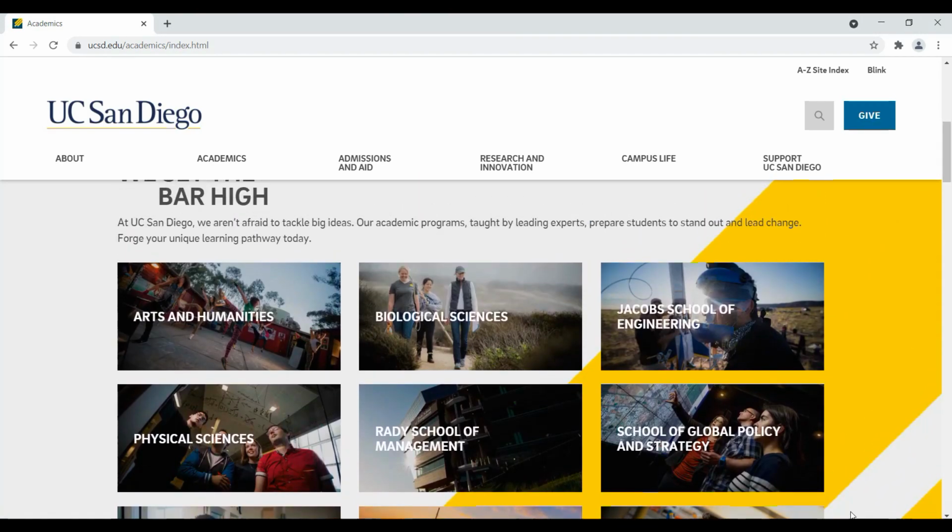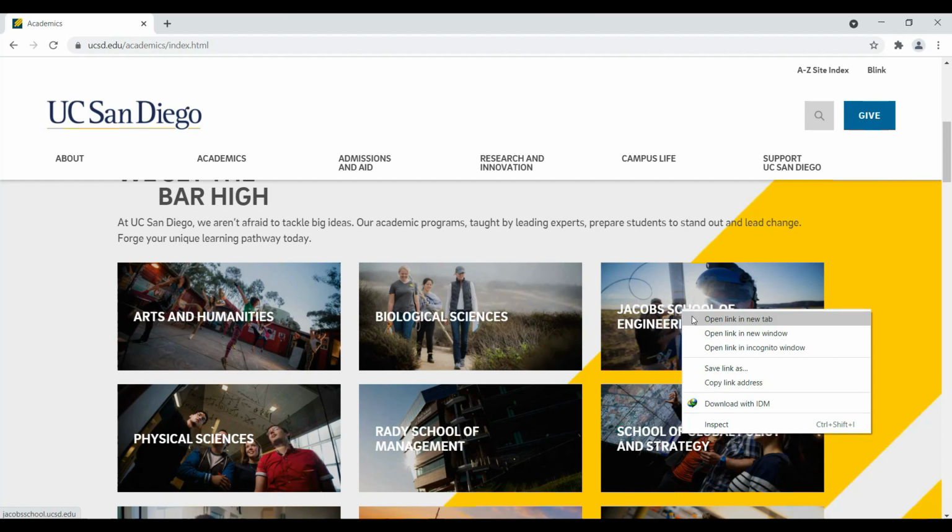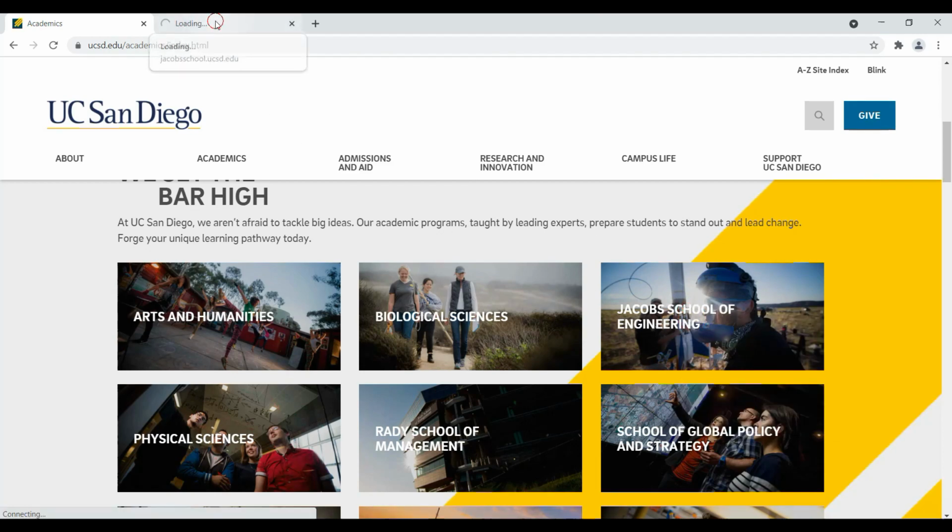So CSE, or computer science engineering, could be found at Jacobs School of Engineering. Yeah, that's right. We would fire it up in a new tab, and here we can also see physical sciences. In the physical sciences section we can find maths. So we will check it out.